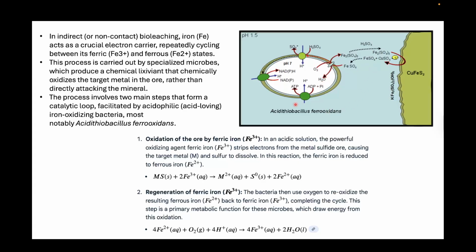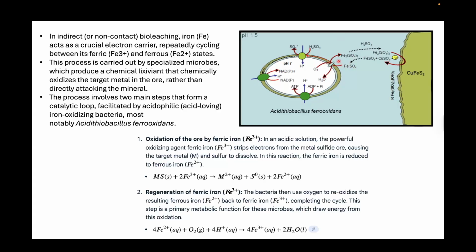So here is an example microbe, Acidithiobacillus ferrooxidans. It can oxidize Fe2+ to Fe3+. So Fe2(SO4)3 is the Fe3+ state, and FeSO4 here is Fe2+.